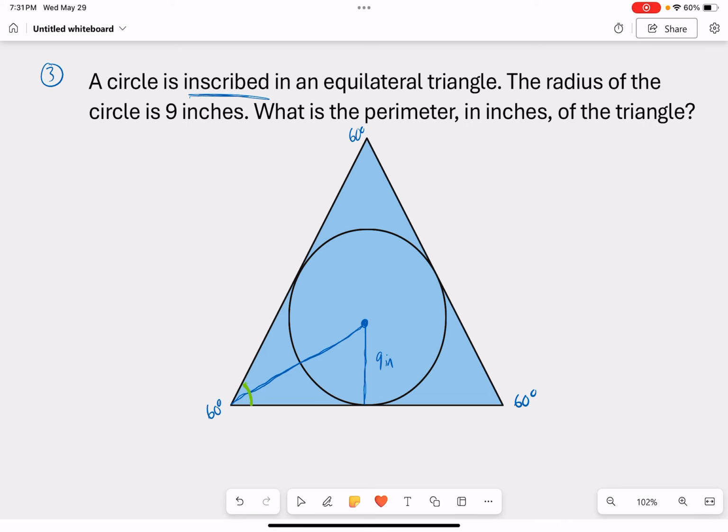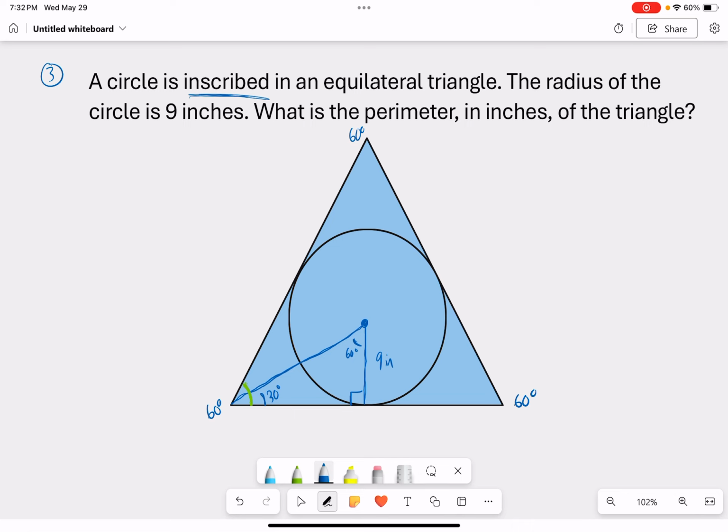It is now 30 degrees on the inside. We also have a 90 degree angle here, and because this 30 and this 90 add to 120, the very last angle here is going to be 60 degrees. So here we have a 30, 60, 90.